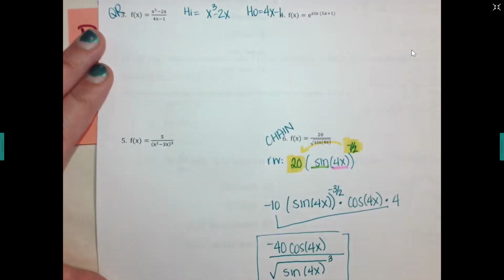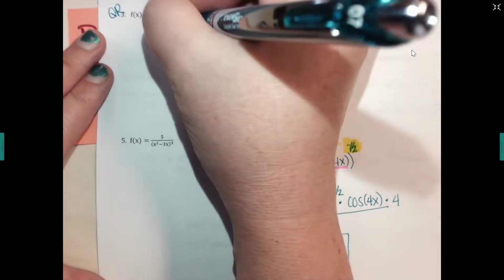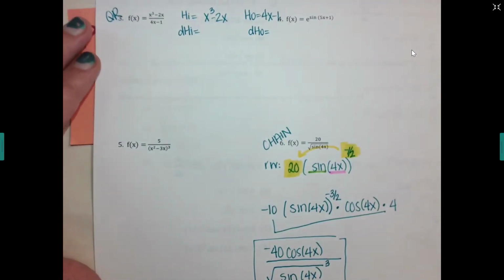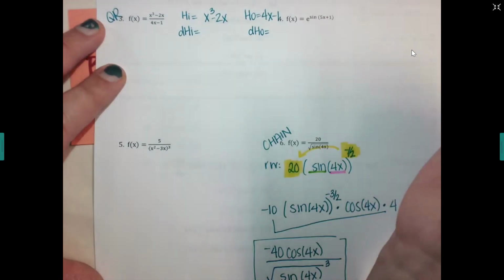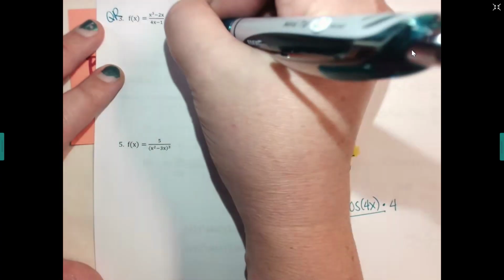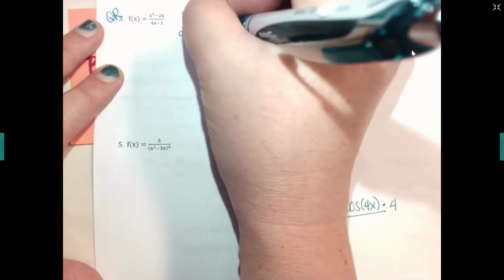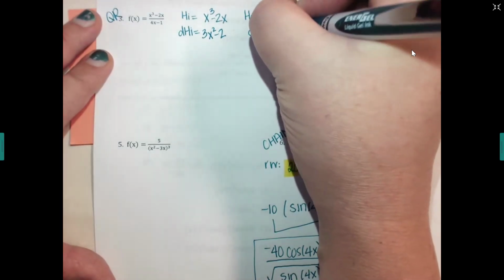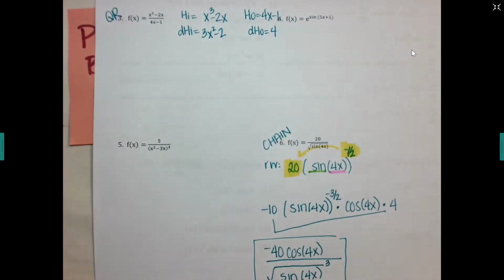Take both of those derivatives. Remember, we're going to call the derivatives d high and d ho. x cubed minus 2x, what's the derivative? 3x squared minus 2. And for the 4x minus 1, the derivative is just 4.